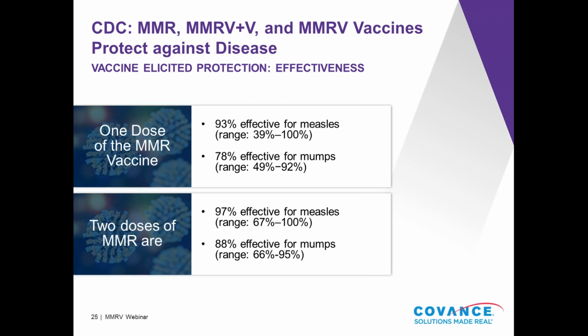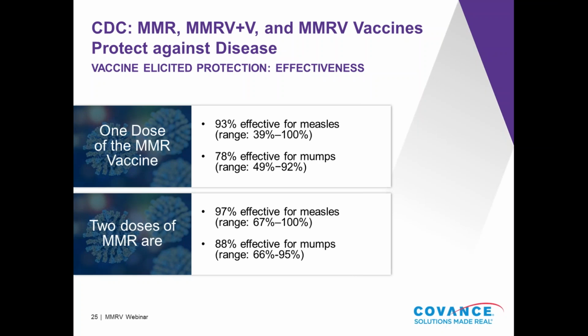About 3 out of 100 people who get 2 doses of the MMRV vaccine will get measles if exposed to the virus. However, they are more likely to have a milder illness and are also less likely to spread the disease to other people.